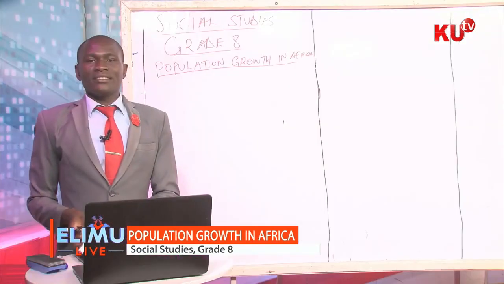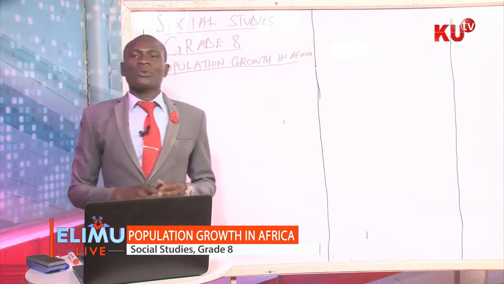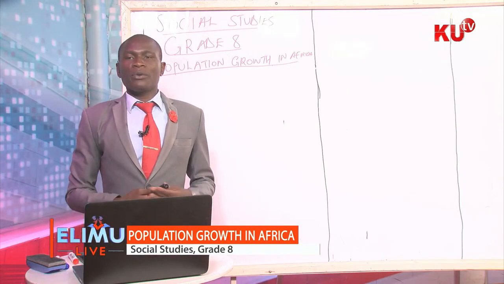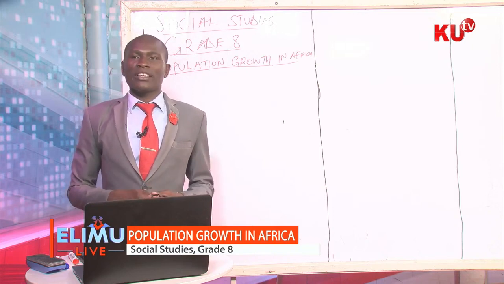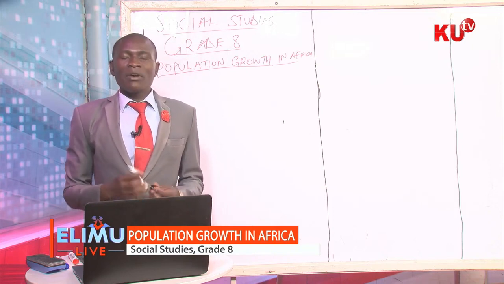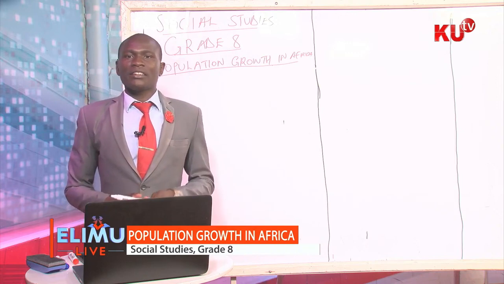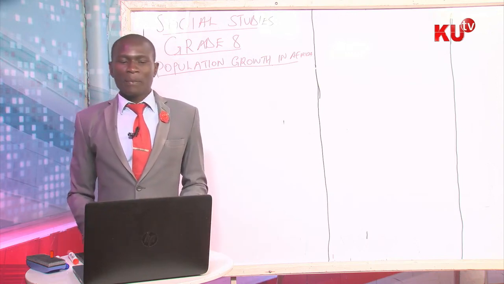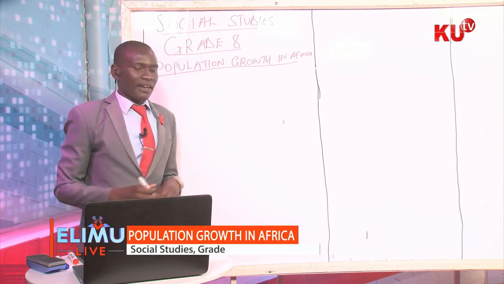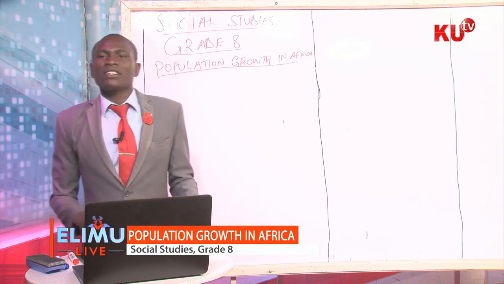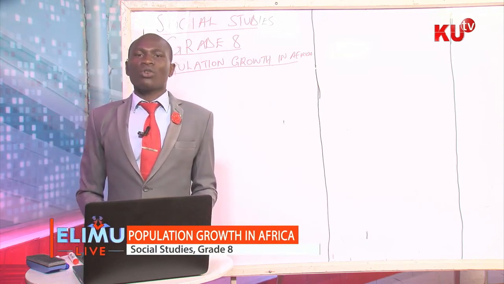Now, population refers to the number of people living in a certain area or location. The number of people living in a certain location makes up a population. But we are going to look at population growth in Africa, and what is population growth?